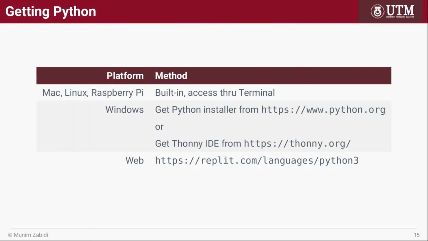If you have Thonny, just install this program and you can run many things. If you don't want to install anything, just go to this link here, replit.com, and select Python, and you can run your Python on the website. So you can do that right now actually.